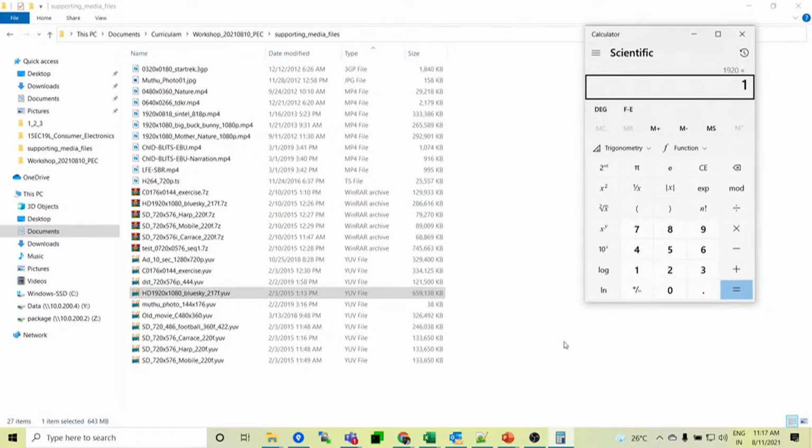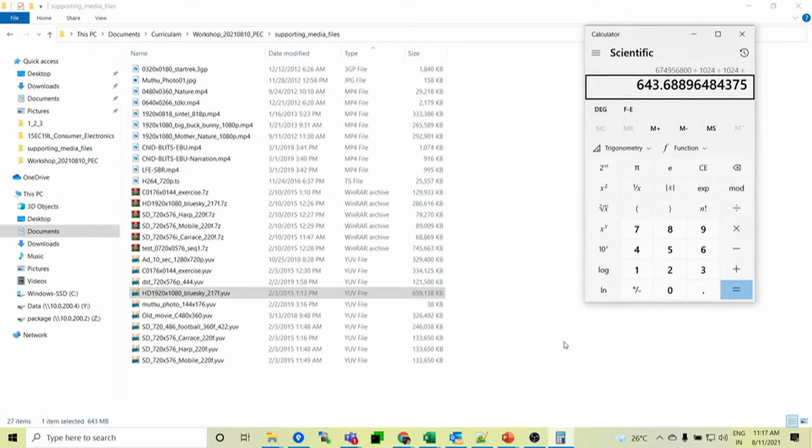You should get this answer actually. Then divide by 1024, and again divide by 1024.